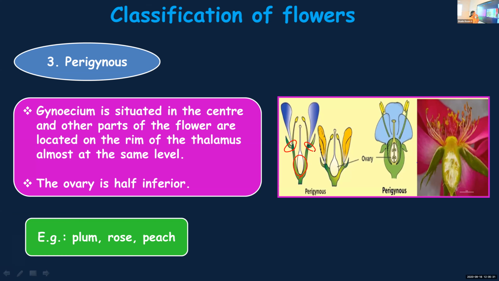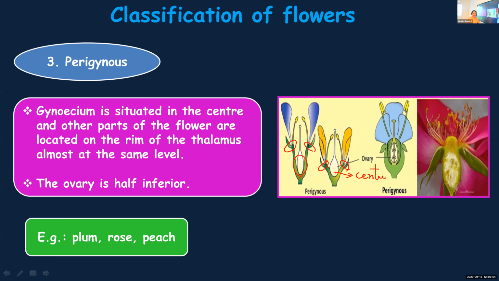The ovary or the gynoecium will be located at the center, and such a type of ovary is said to be half inferior, and such a flower you call perigynous flowers. Hypogynous, superior ovary.